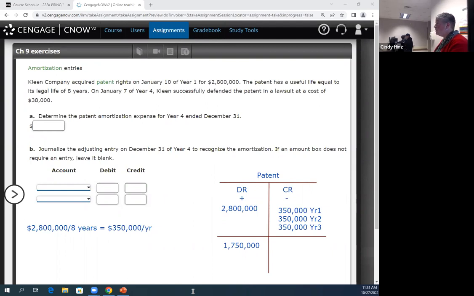We found out they were using it. We probably sent them a cease and desist order, said, hey, you can't do that. And they kept doing it. And so we took them to court. And the court ruled in our favor, but we still had to pay our attorneys for the service that they provided to us.